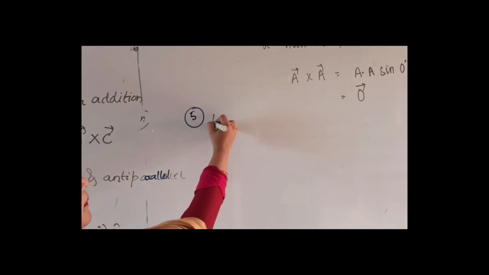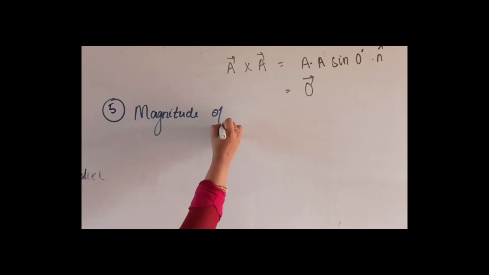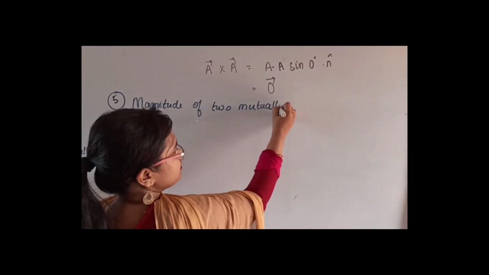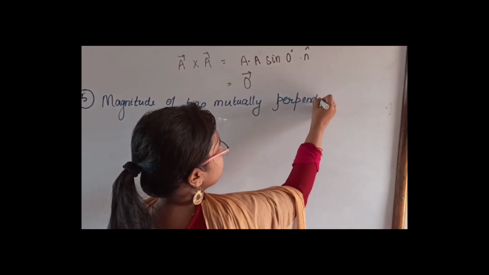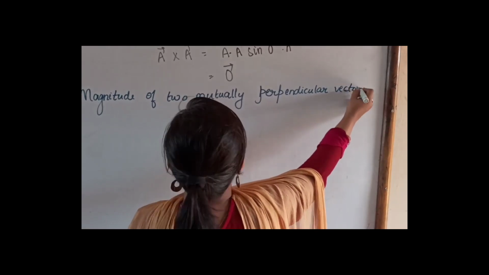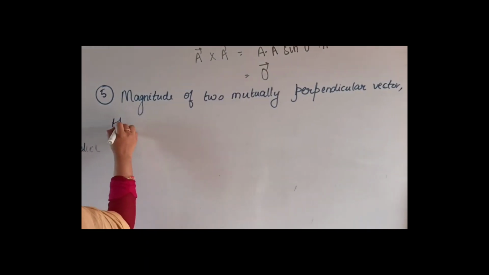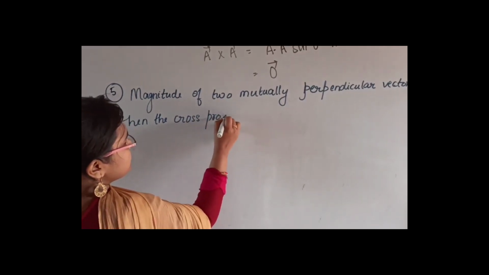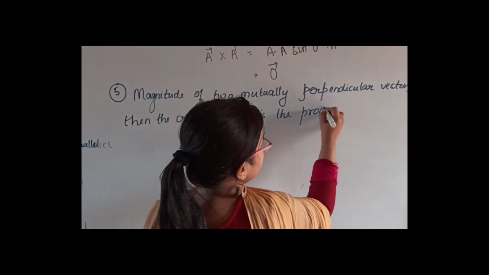The fifth property: the magnitude of the vector product of two mutually perpendicular vectors is the product of their magnitudes.